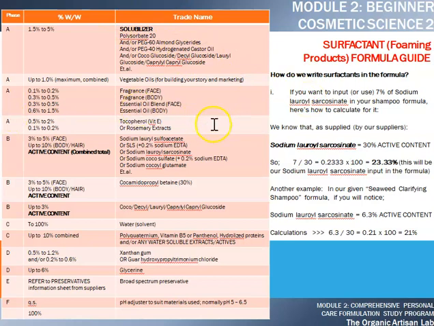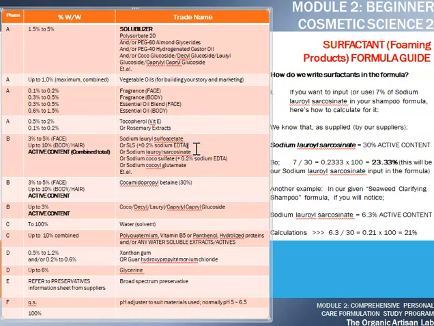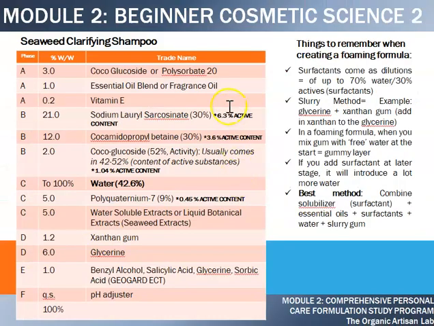So if you would like to check if you're doing the right thing, for example, it says using sodium lauryl sarcosinate for the body or the hair, we're allowed to use up to 10%. Up to 10%. So let's go back. Did we follow that?